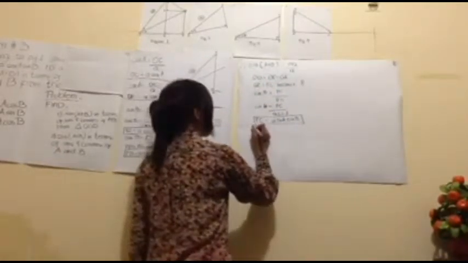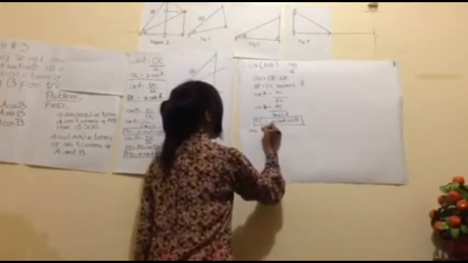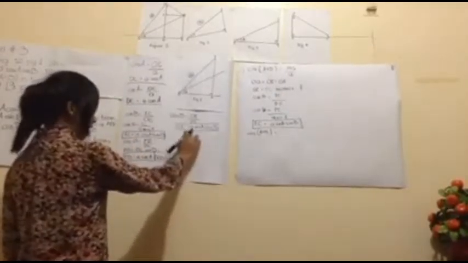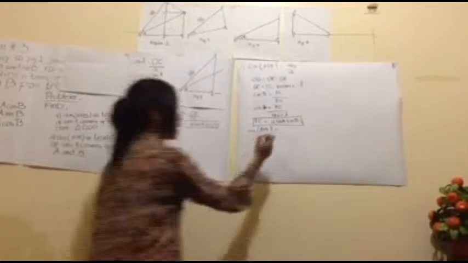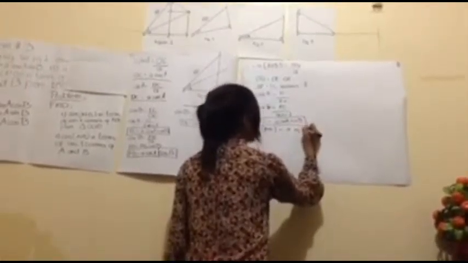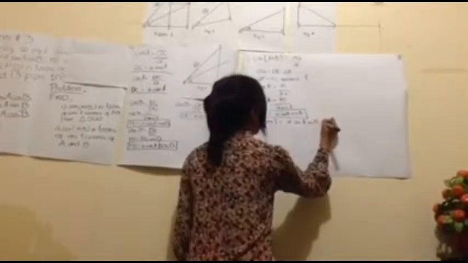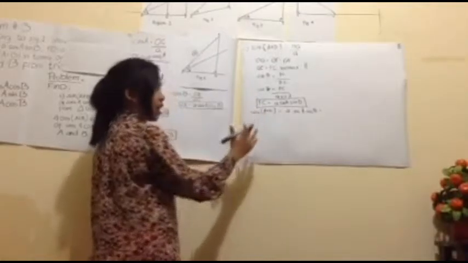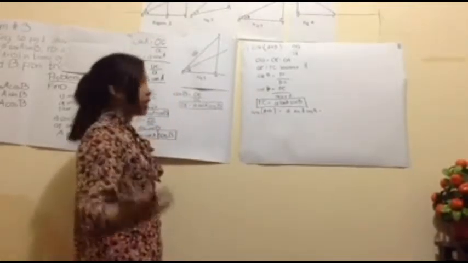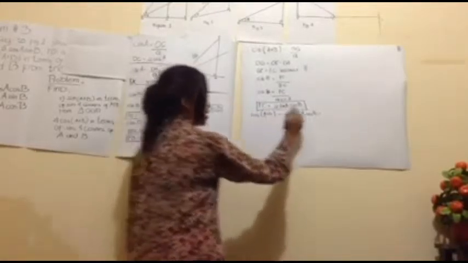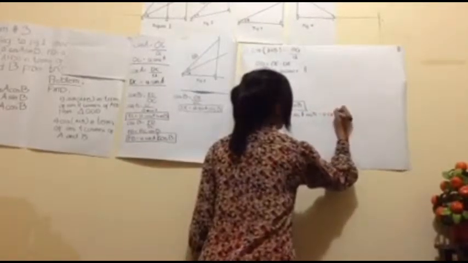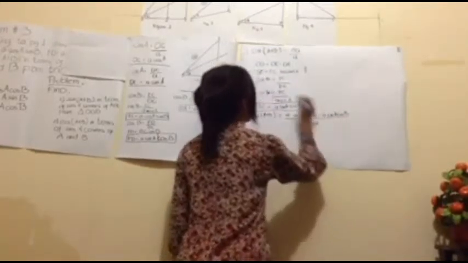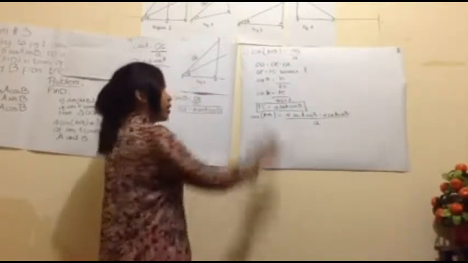The value for OE here is A times cosine A times cosine B, minus GE or FC. Because they are parallel, they are equal. So, minus A times sine A times sine B, over A, which is the hypotenuse. We must never forget the hypotenuse.